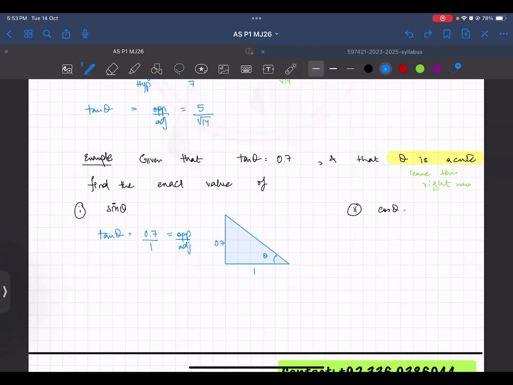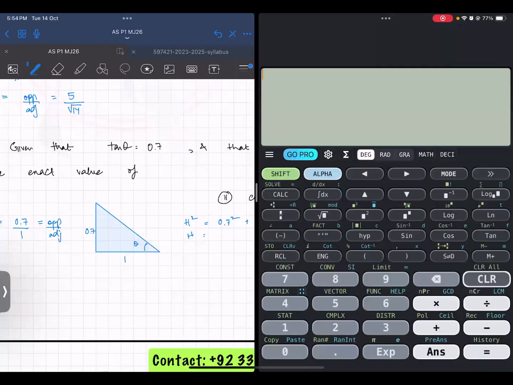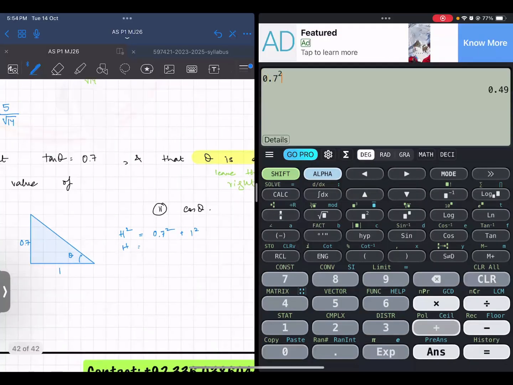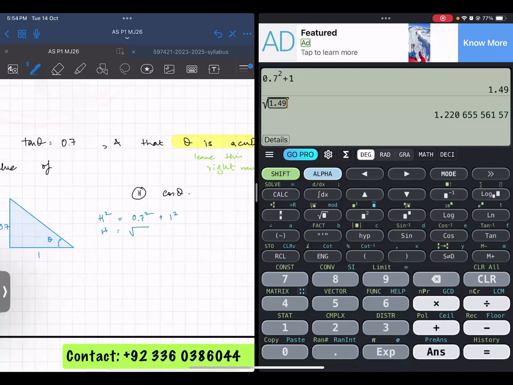And now using Pythagoras theorem, you can find the hypotenuse. 0.7 square plus 1 square. So hypotenuse will equal the square root of 0.49 plus 1, which is 1.49. Let's keep it as square root of 1.49, exact form.